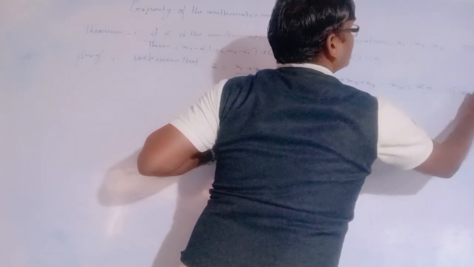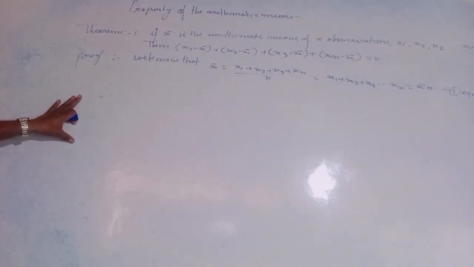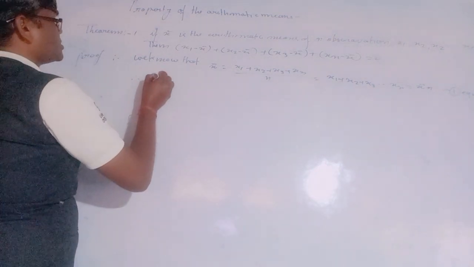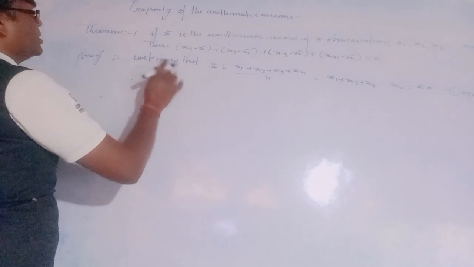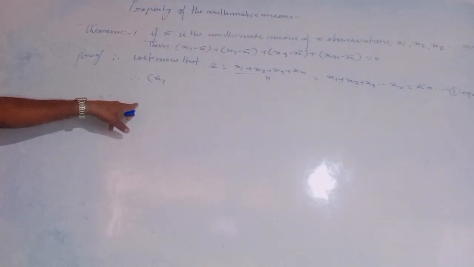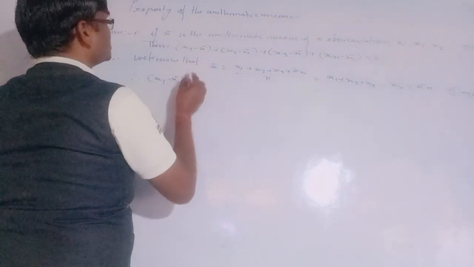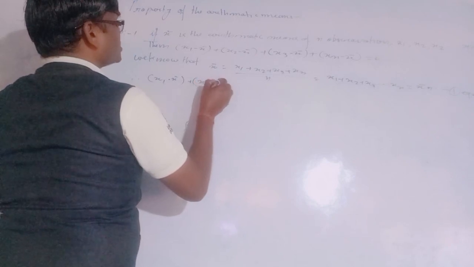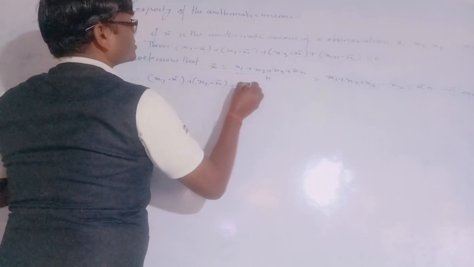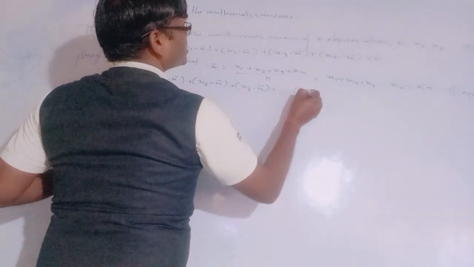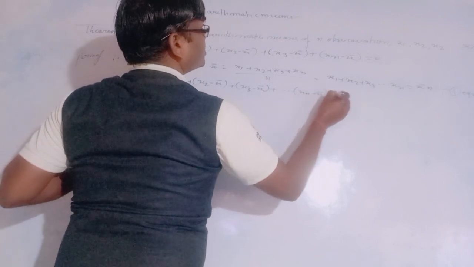We will get the first equation here. Suppose this is equation first. Now we will write: x1 minus x bar plus x2 minus x bar plus x3 minus x bar plus xn minus x bar is equal to 0.